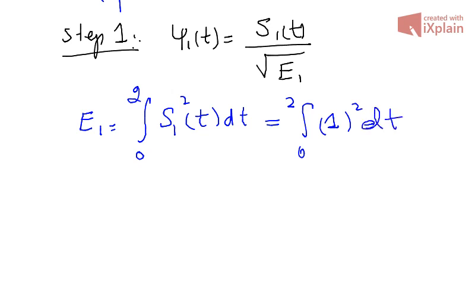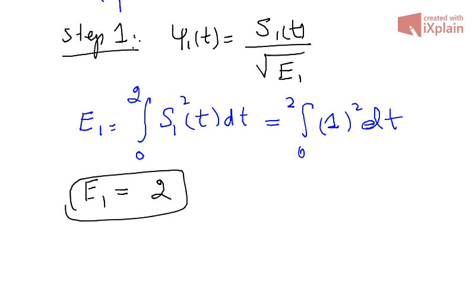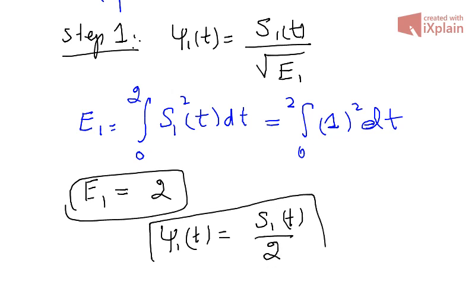dt. It is a unity. If you see your signal, it is unity. So actually your energy turns out to be 2, right? This is our energy of the signal. So if I plug this value in psi1 of t, my psi1 of t is actually S1 of t divided by the square root of 2.